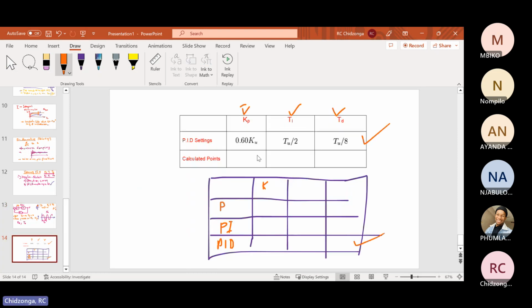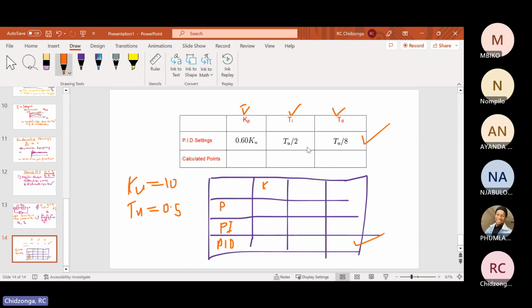So suppose we have found that KU in our experiment is equal to 10. And we have also found that the ultimate period is equal to 0.5 time units, seconds, minutes, whatever.